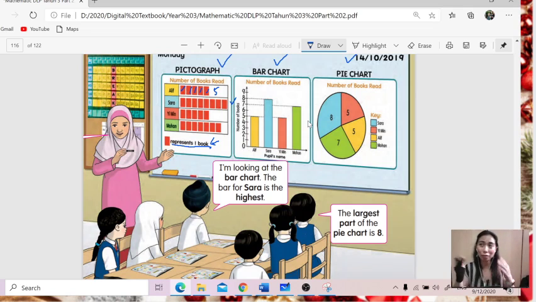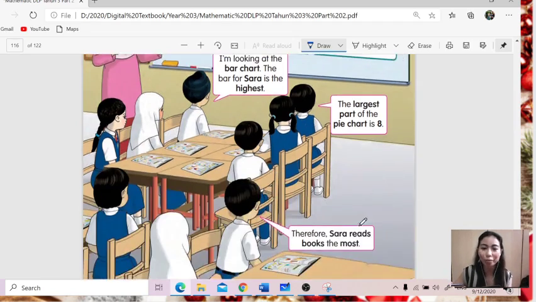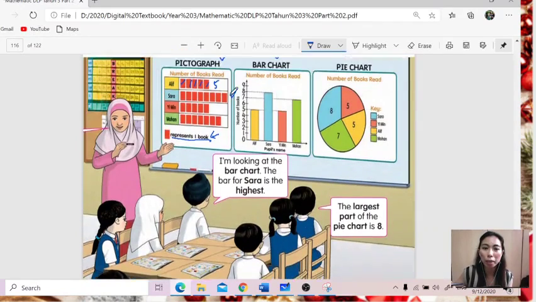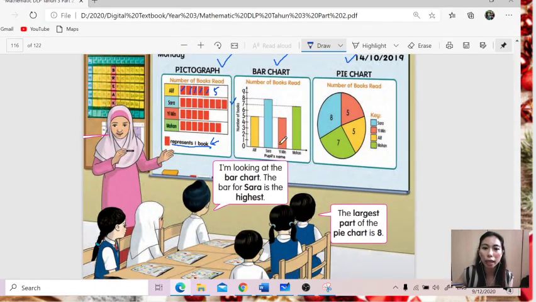So you can differentiate based on the length of the pictures, the height of the bar and the size of the pie chart. So from here you want to say the same number. The same number is Alif and Yimin.